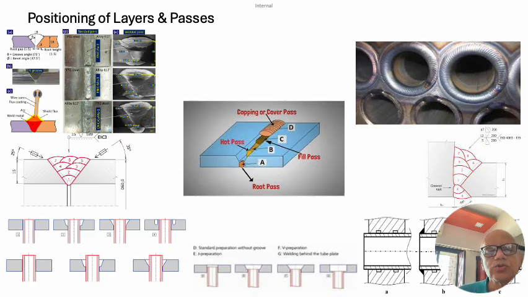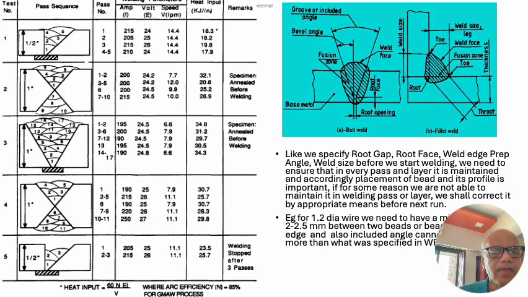If it is too convex, then the edge preparation is going to be really difficult, and that is where we are going to go back and see how we are going to deposit these runs so that the fusion on both ends is good, and also so that we have a good amount of fillet joints for getting the throat and the leg lengths.